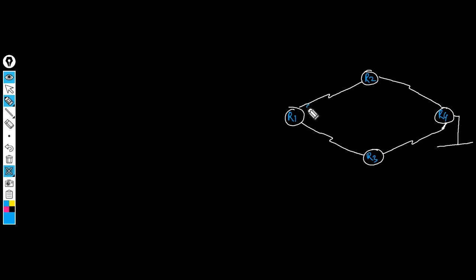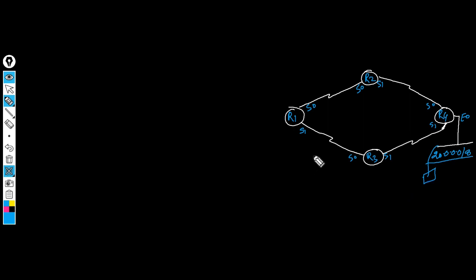Here we have serial 0, serial 1, and like that on each router, and let's say this is your Ethernet 0. And there is some network, let's say 20.0.0.0/8. This is my LAN network, where my PCs are connected.